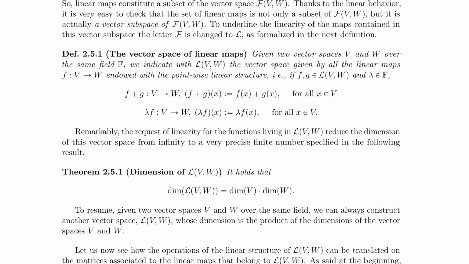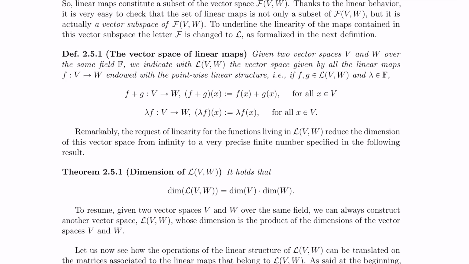That is, if f and g belong to this space and lambda belongs to the set of scalars F, then the sum of two linear maps acts punctually on a generic element x of V in this way. So we sum f applied to x and g applied to x, which belong to W, and so they are vectors, and we know how to sum them. In the same way, the linear map lambda times f is simply lambda times f of x for all x belonging to V.